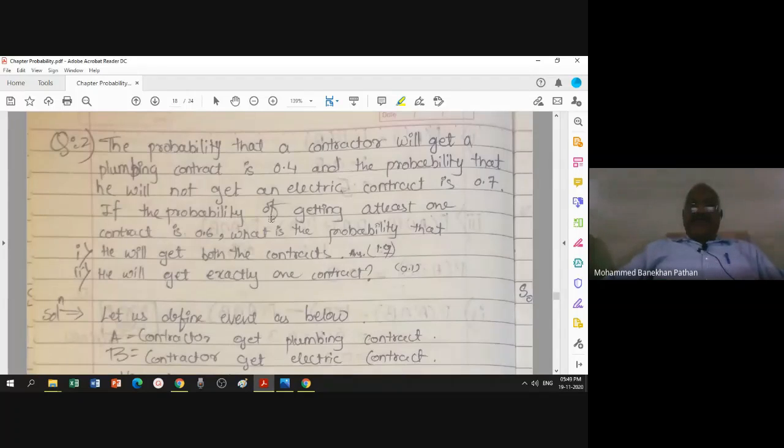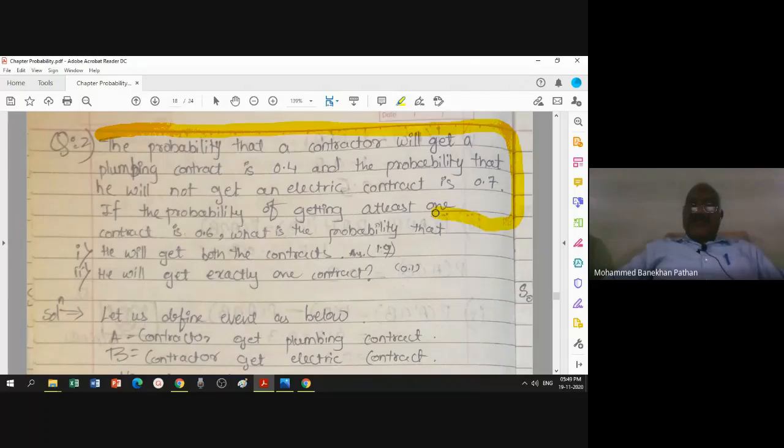If the probability of getting at least one contract is 0.6, what is the probability that, bit number 1, he will get both the contracts, bit number 2, he will get exactly one contract. Now you can see this problem is descriptive.